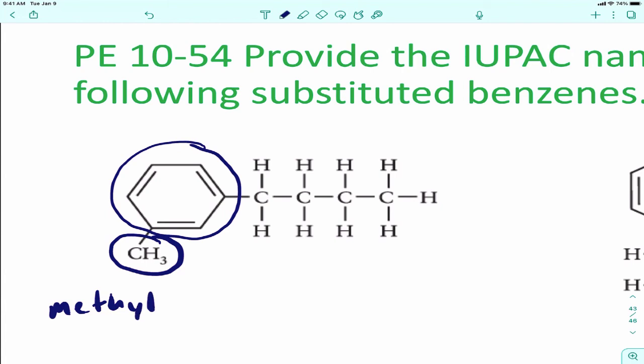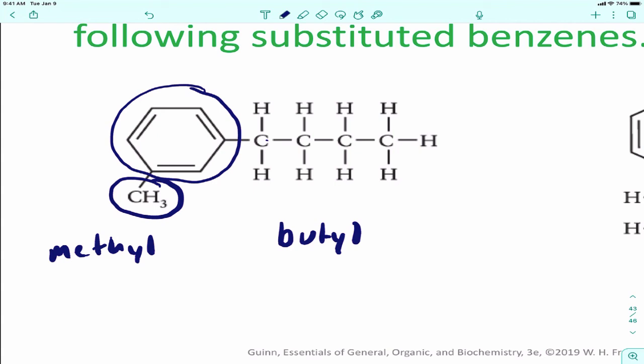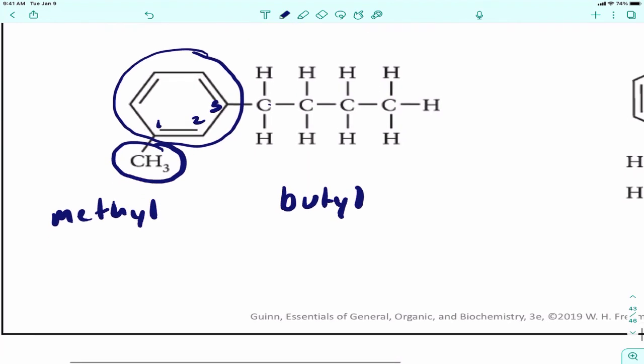And then on the other one, you've got 1, 2, 3, 4. That would be 4 carbons, so that would be a butyl group. So it looks like it's going to be 1, 2, 3, but which group actually gets the number 1 position? The way that I usually deal with this, and this is going to work for what you have to do, is that the bigger group gets the first number.